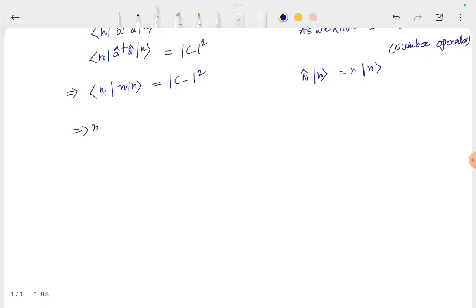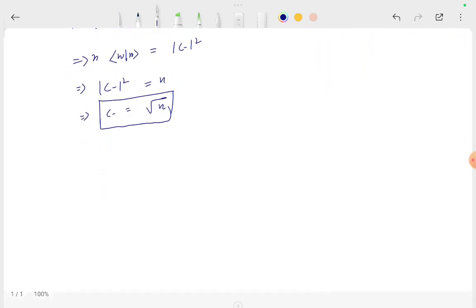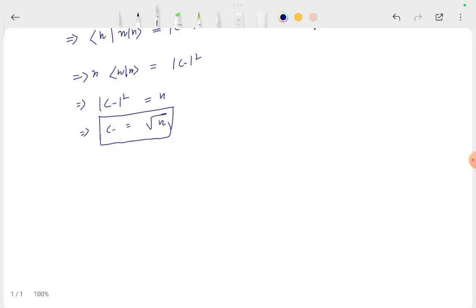So we get n into <n|n>, so |c minus| squared equals n, so c minus equals root n. So we get the value c minus equals root n. So c minus equals root n is very important.